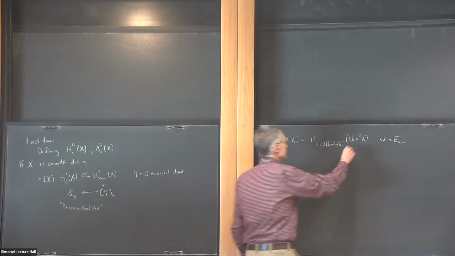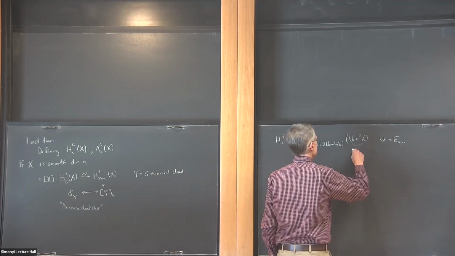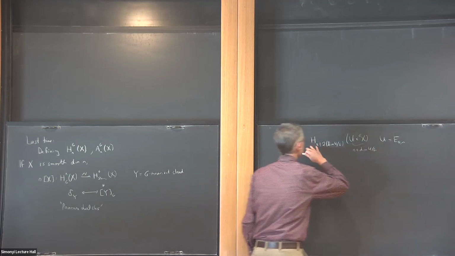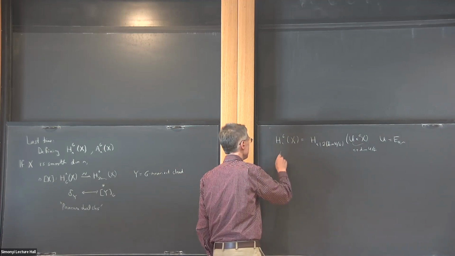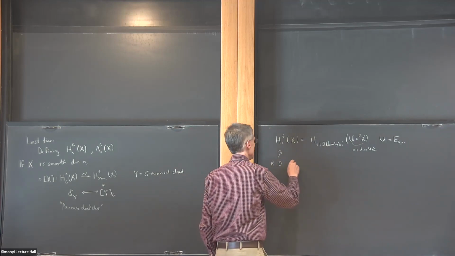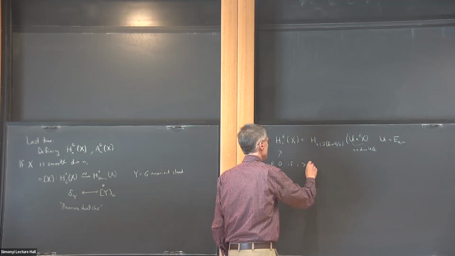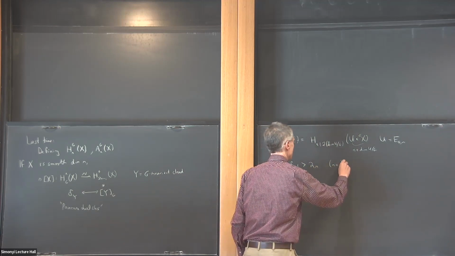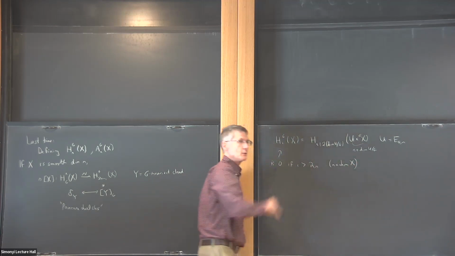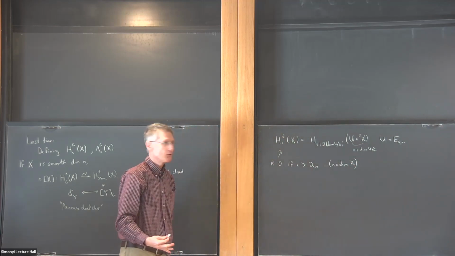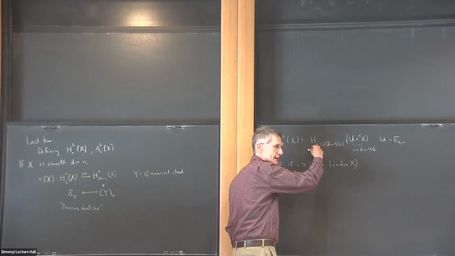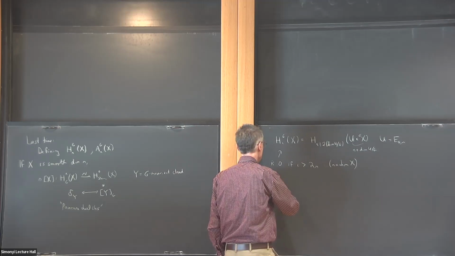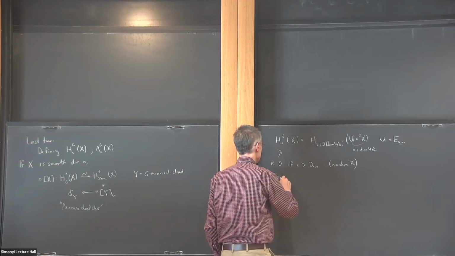The way the indexing works, this space actually has dimension n plus dimension of U/G. So this is 0 if i is bigger than 2n, which is twice the dimension of X. But it can live in infinitely many negative degrees, because as U gets big, i can be negative and this will still be positive.